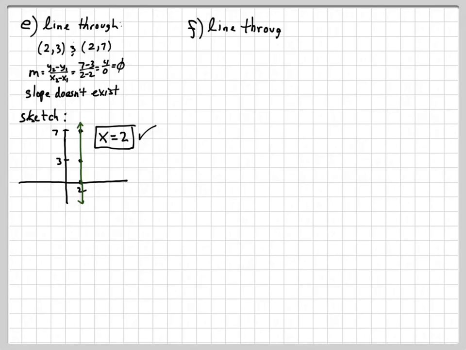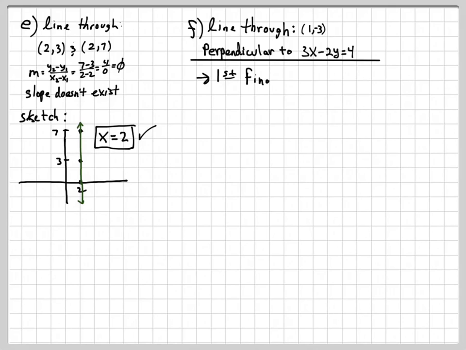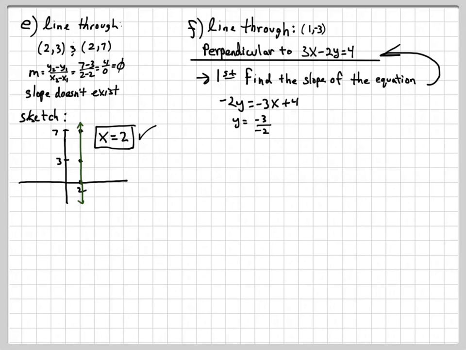Okay, the next example, I'll want to find the equation of a line through the point 1, negative 3, and I want it to be perpendicular to this given equation of 3x minus 2y equal 4. Now to do this, I'll find the slope of the equation that I'm given there, 3x minus 2y equal 4. Now to find the slope, I'll solve for y.